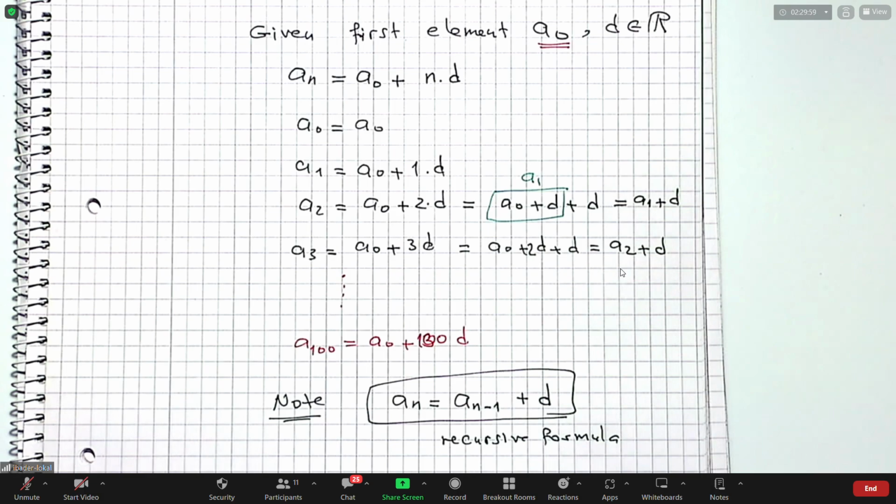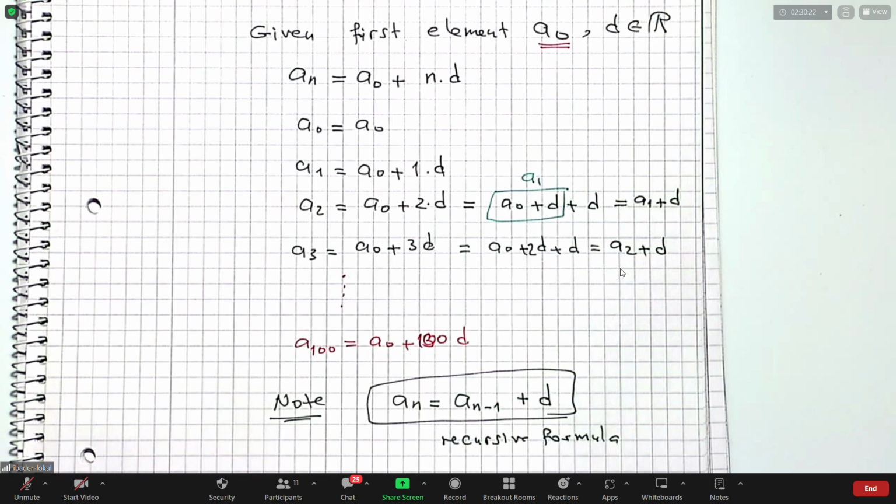Okay, another sequence that is also very common is the so-called geometric sequence.